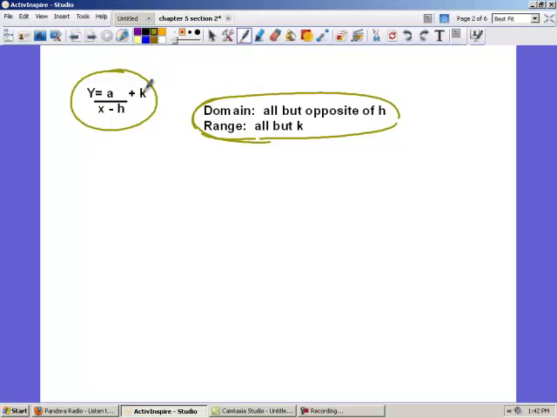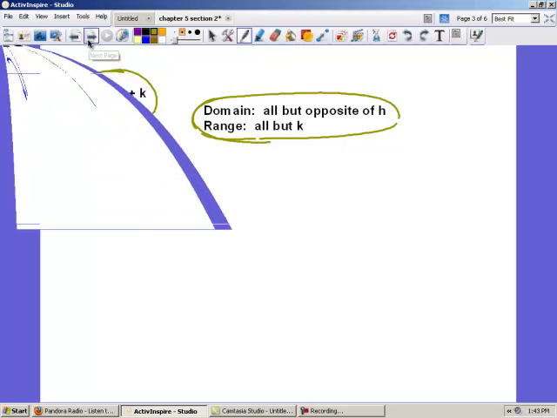And if we don't have a k, the k would also be 0. So when we're looking at the domain and range, you're looking at the h for domain, which will be the opposite of the number that's there. And then the range is going to be all real numbers except for the k, and k is just going to be the same number you see. So let me explain what I'm talking about.